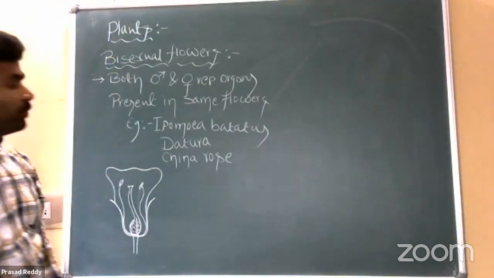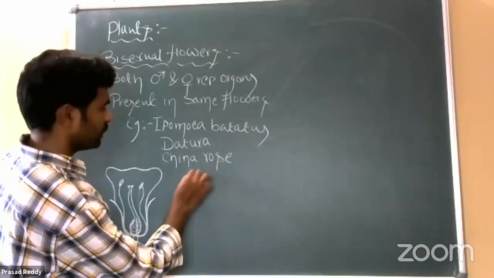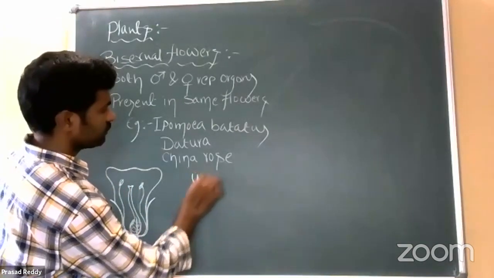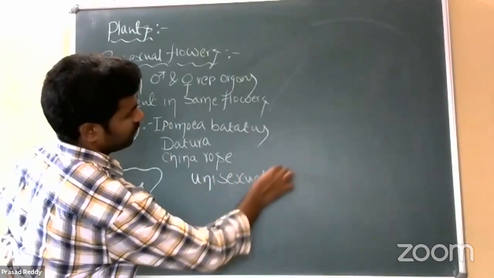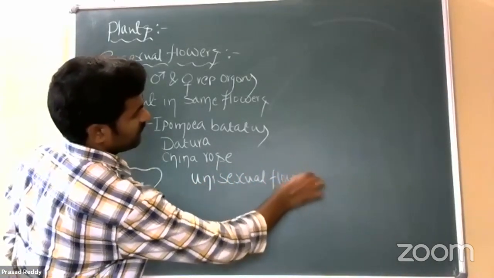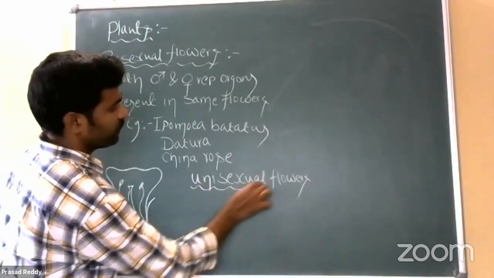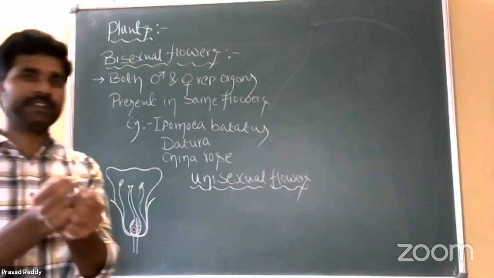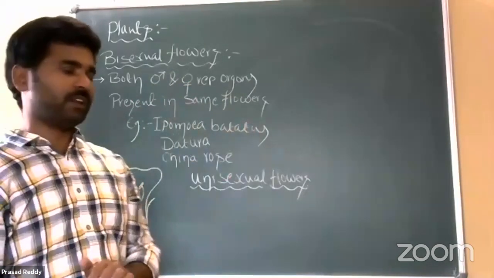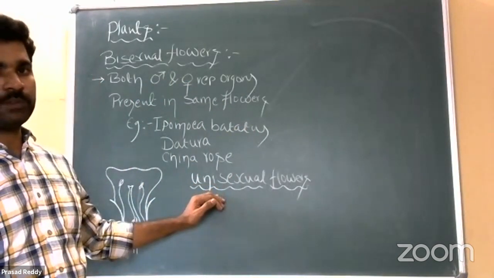But what about unisexual flowers? If male and female reproductive organs are located on two different flowers, they are called unisexual flowers, right?